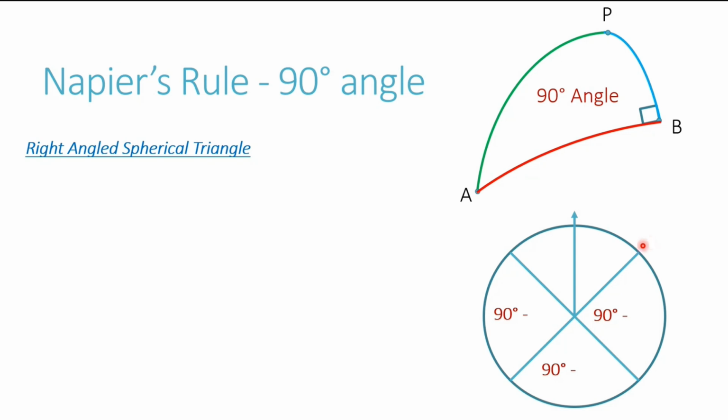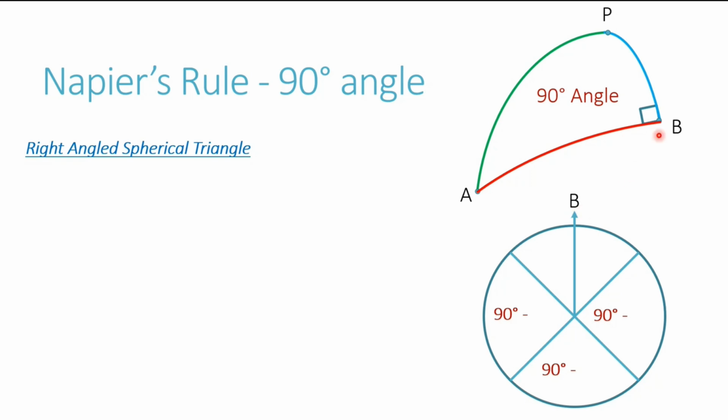Now we identify the right angle in the PAB triangle. In this particular example, we have angle B as our right angle, and this 90-degree angle is written on top of our cartwheel. So we have the angle B marked at the top of the cartwheel now.